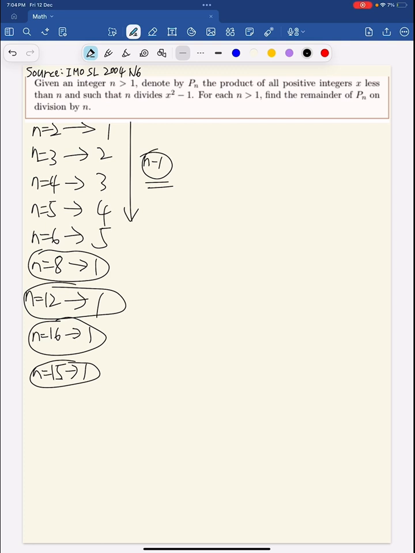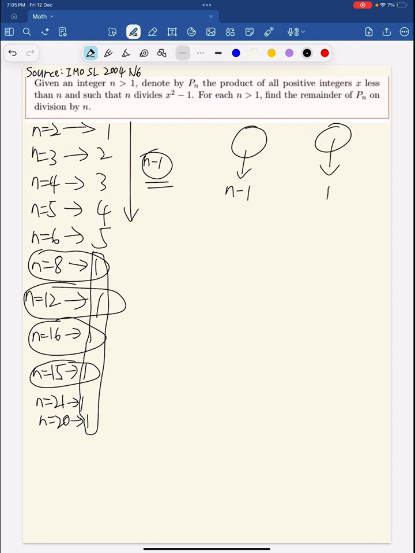After a bit more trial and error, you get a few other values, such as n equals 20, where 1 doesn't work. But then you will notice that all of these are actually 1. So is there a trend? This group of numbers goes to n minus 1, this group goes to 1. Indeed, the answer is in this form.